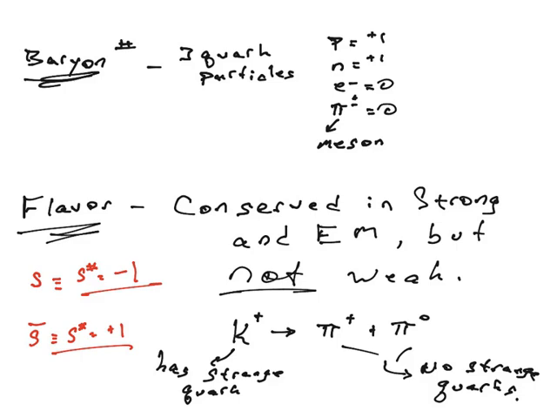So when you count the strange quarks on the left side of an interaction, those are negatives, not positives. So the kaon, if it has, let's say, one strange quark, would have a strange number of -1, not +1.